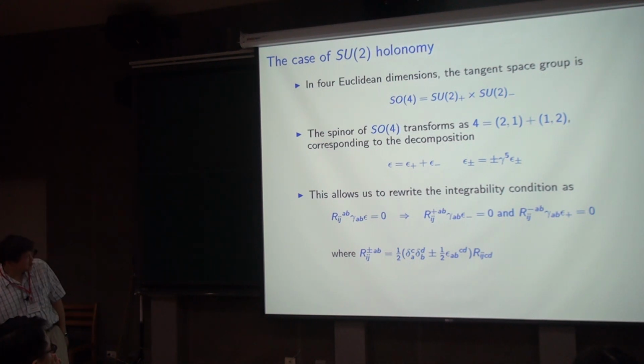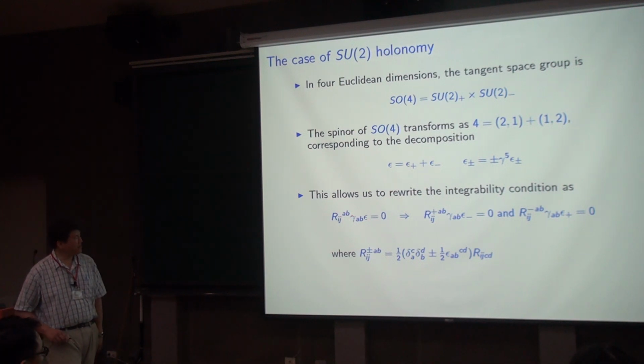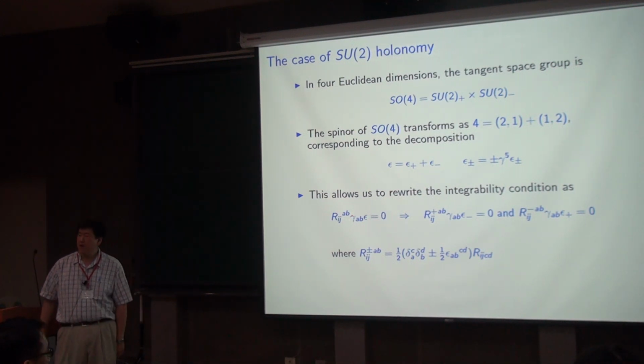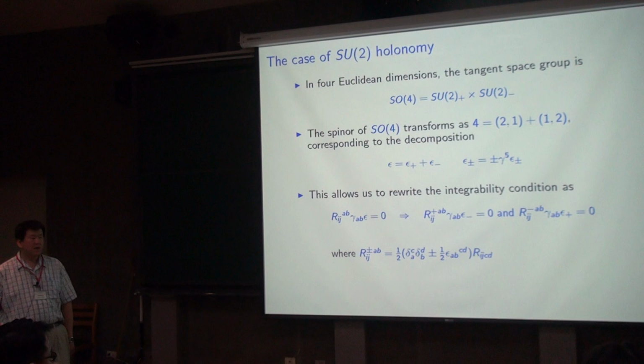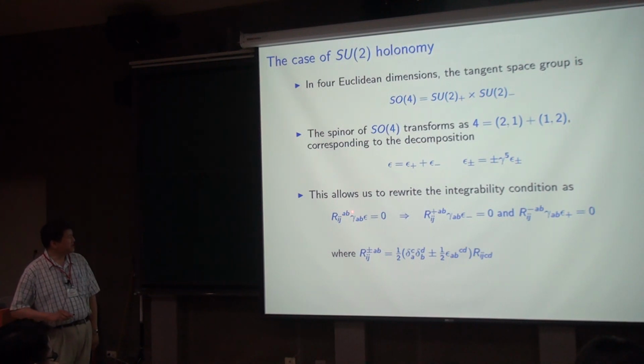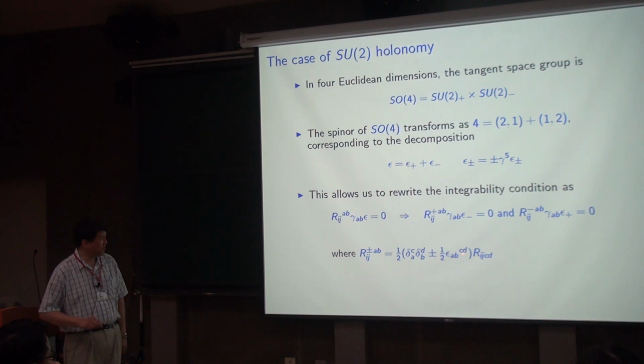What that means, and this is special to 4 dimensions, is that the integrability condition can be rewritten in terms of self-dual and anti-self-dual components of Riemann. Riemann has index pairs: the first two indices ij, the second two indices A, B. The two antisymmetric indices A, B can be dualized using the epsilon tensor in 4 dimensions.